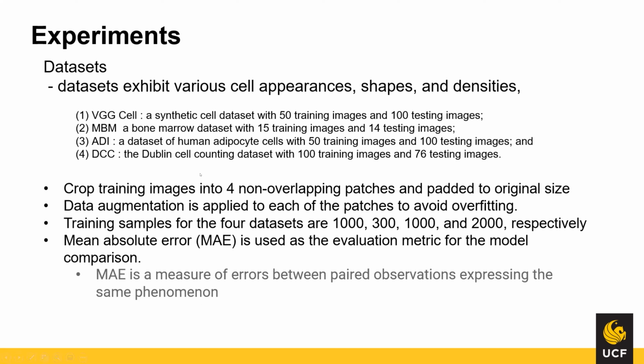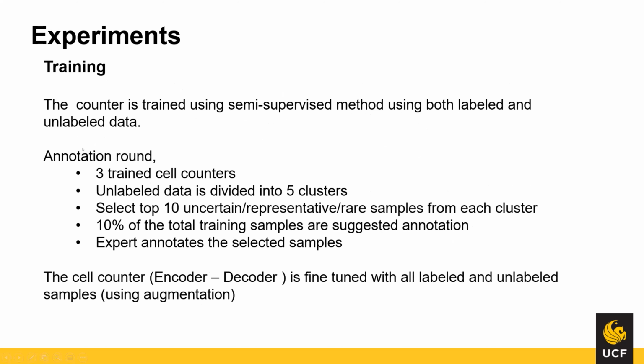So going into the training, they first trained the counter in a semi-supervised way using both labeled and unlabeled data. And then they moved on to the annotation round. They used the 3 trained cell counters for suggestive annotation. And then the unlabeled data is divided into 5 clusters.